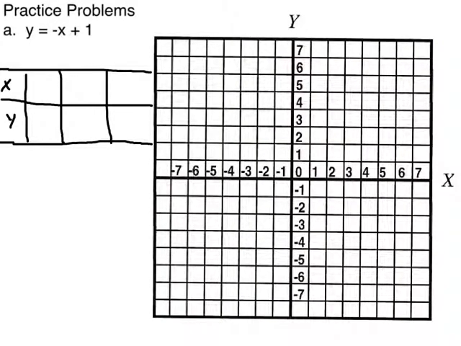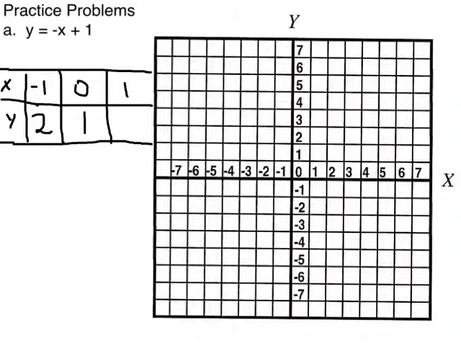Alright, let's do your practice problems. And again, I said we're going to use -1, 0, and +1 as our values for x, and then solve for y. If x is -1, then I've got -1 times -1, which is +1, plus 1, so y would be 2. If x is 0, then it would just be 0, and 0 plus 1 is 1.